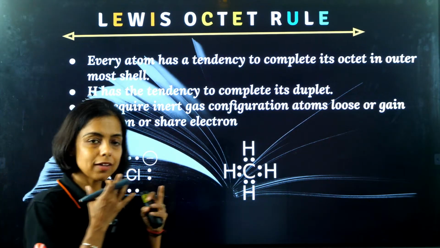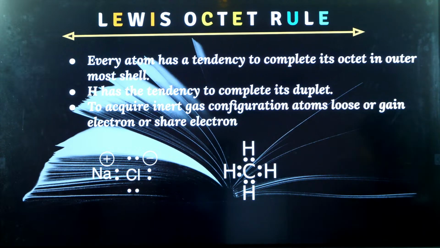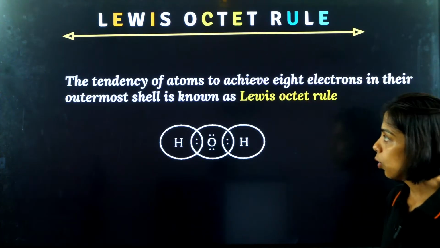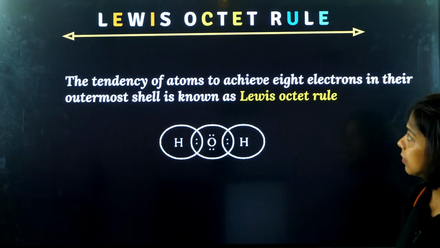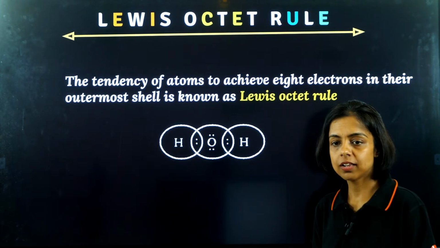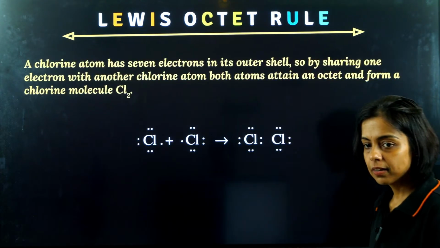So just to have those 8 electrons in their valence shell, they make bonds, right? Got it, guys? I hope it is all clear. Yes. So I've just told you the case of H2O, 8 electrons acquired by oxygen and hydrogen, right?